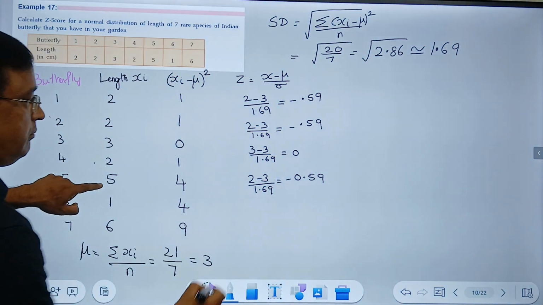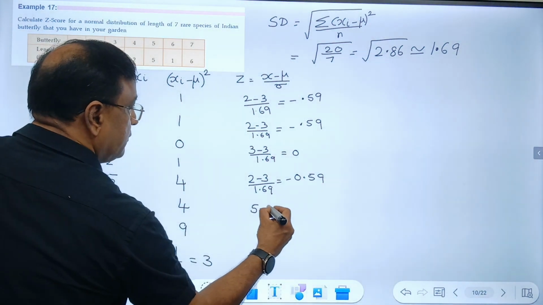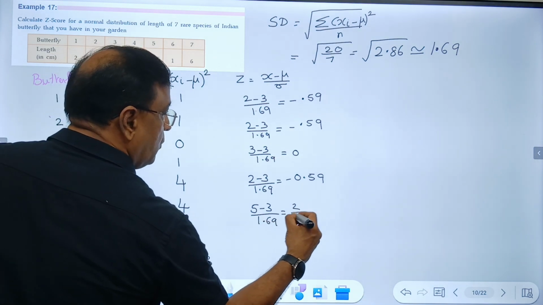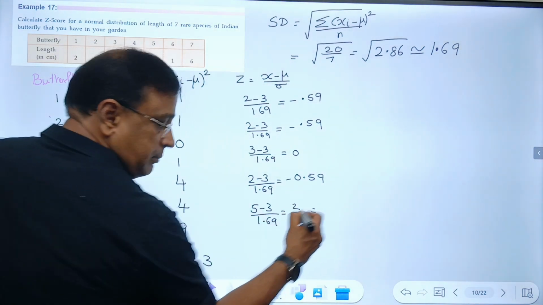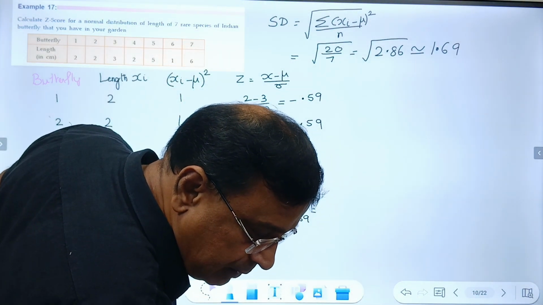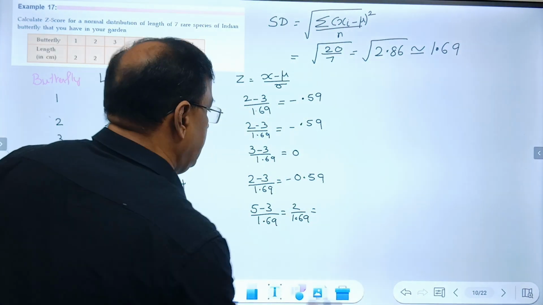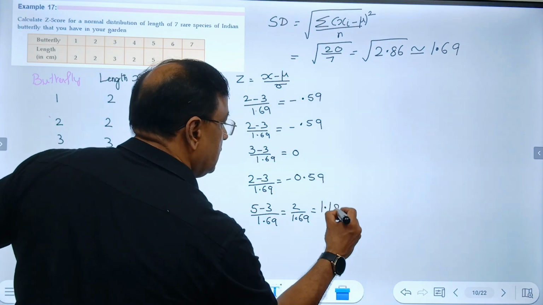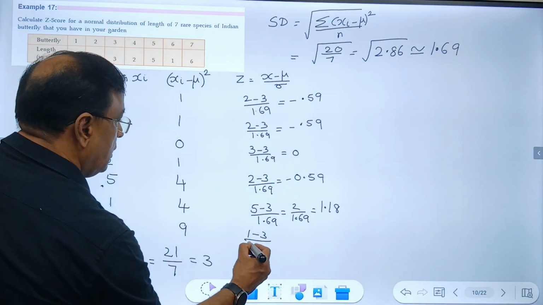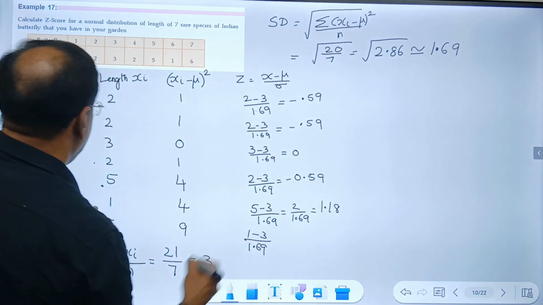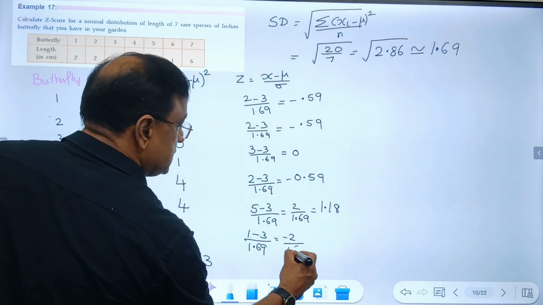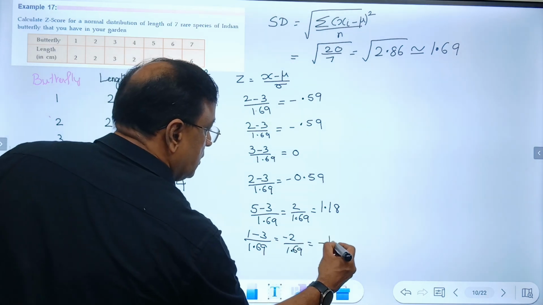Now I go to 5. This is 5 minus 3 by 1.69, which is 2 by 1.69. I think I am getting 1.18. Okay. Then again this is 1 minus 3 by 1.69, which is minus 2 by 1.69, which is minus 1.18.